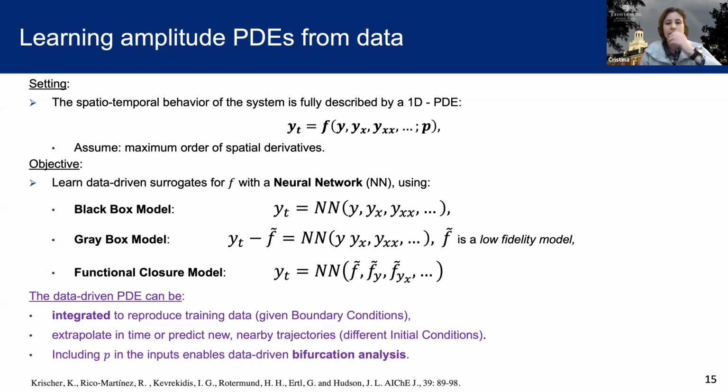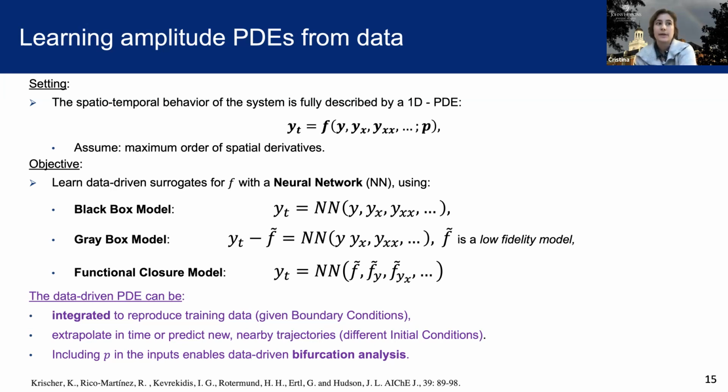So the first strategy is a black box model where we learn the full right-hand side of the PDE. And then two other approaches will have some physical insight in our learning process. In the gray box model, we learn a correction of the KS amplitude beyond the Reynolds number where it is valid, as I showed previously in the bifurcation diagram. And a functional closure model, where we learn the full right-hand side as a function of observables of the KS equation.